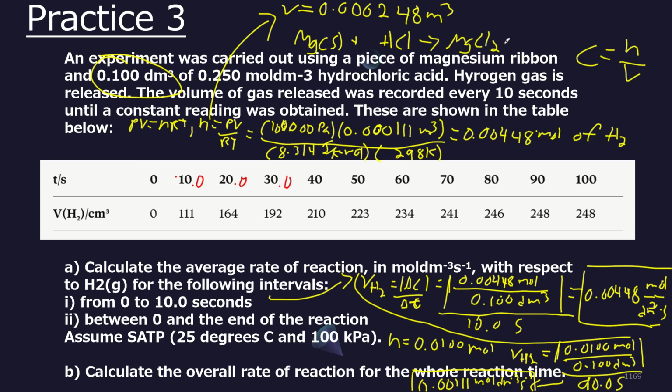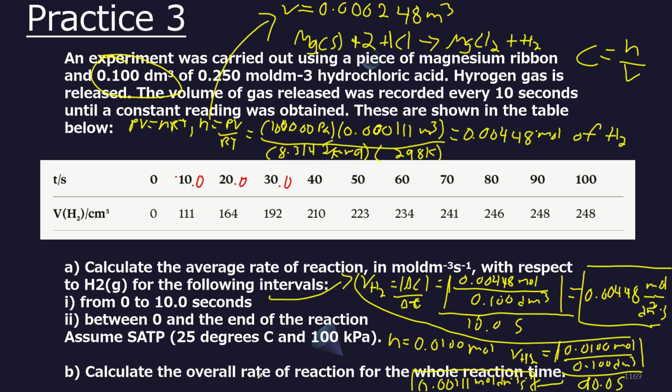Have to be able to realize that this is what's happening, and then H2 gas. So to balance this, we're going to need 2 HCl. But everything else is 1. So 1 to 2 to 1 to 1, and we found with respect to hydrogen these average rates.